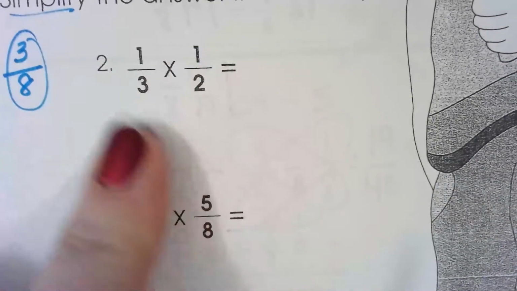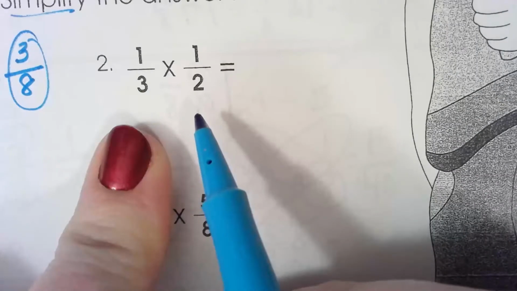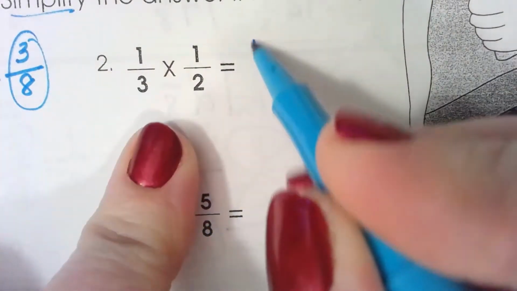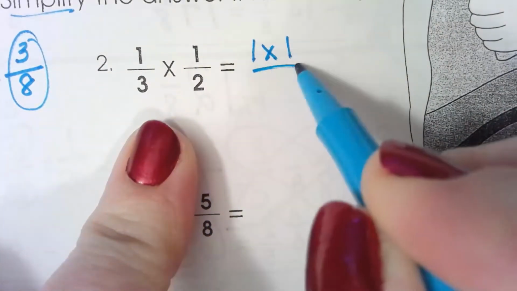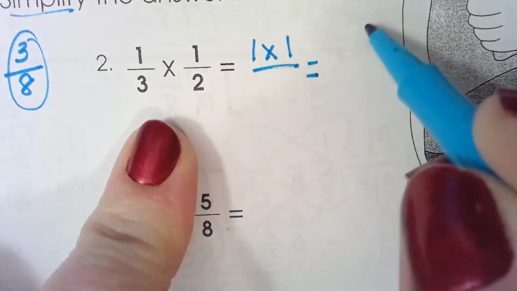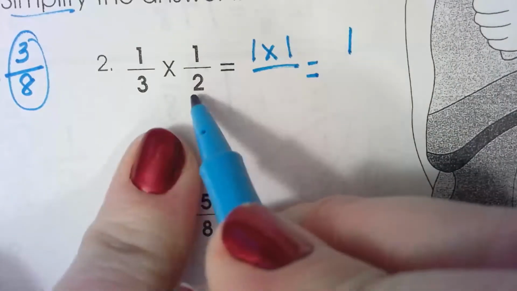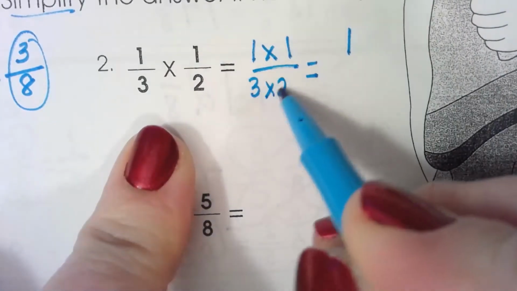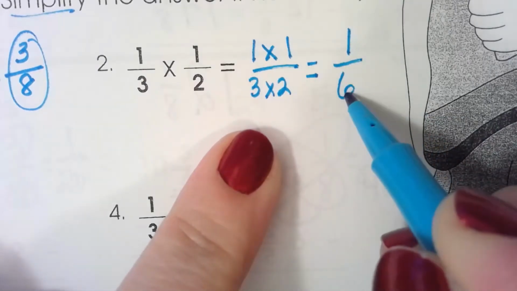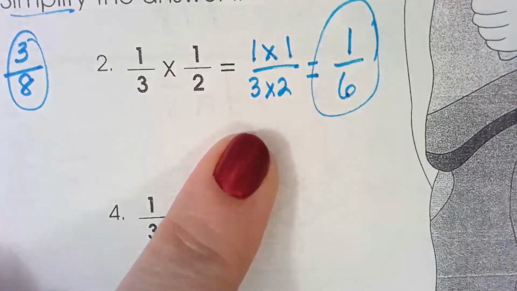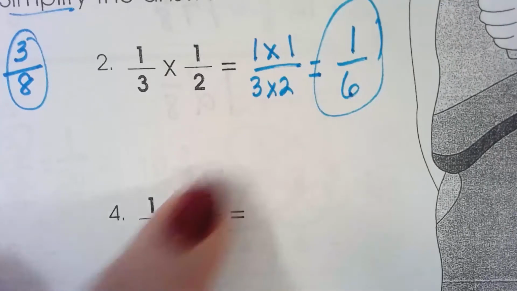Number 2, 1/3 times 1/2. Well, we take our numerators. 1 times 1 is 1. 3 times 2 is my denominator. 3 times 2 is 6. 1/6 is my answer.